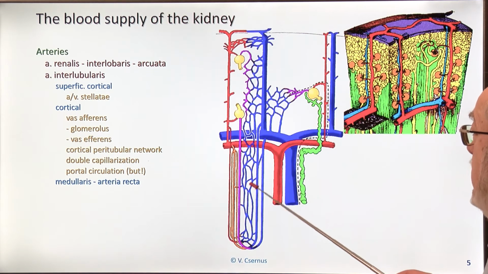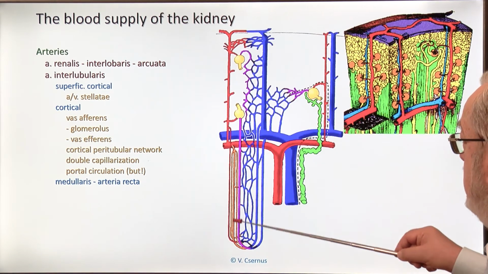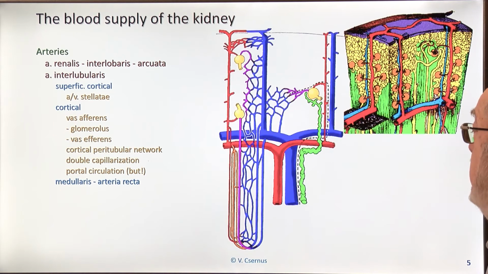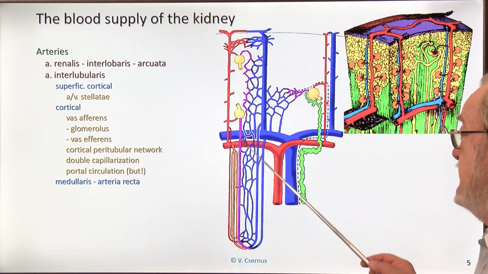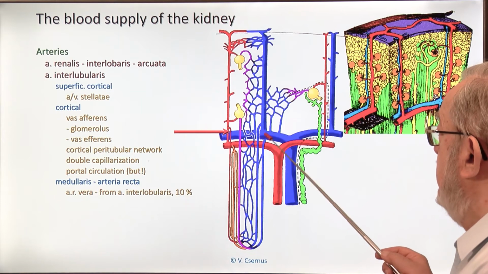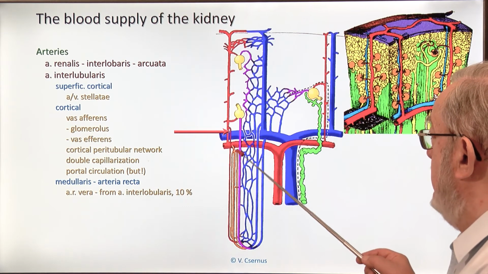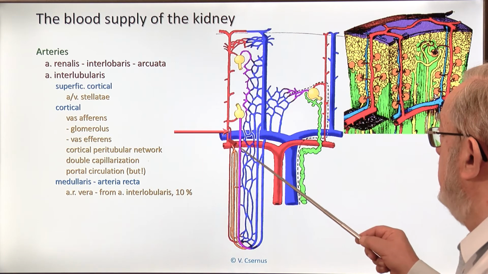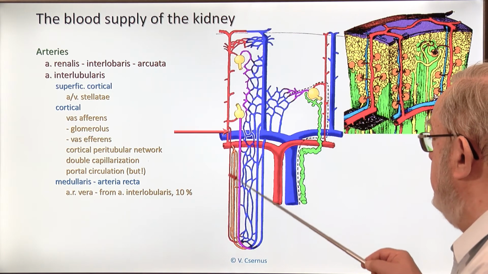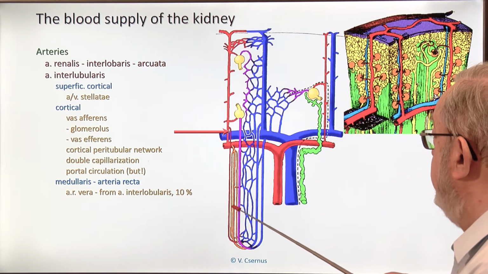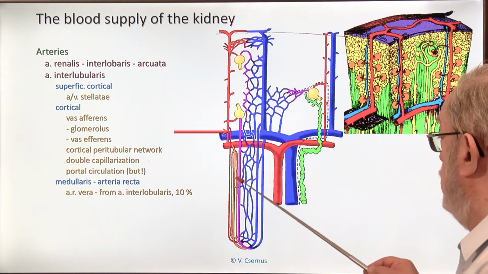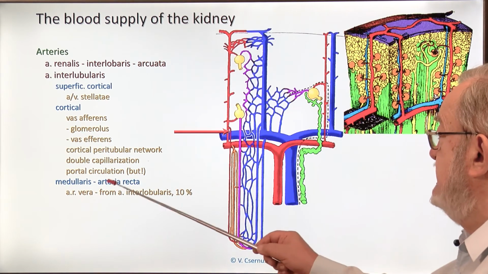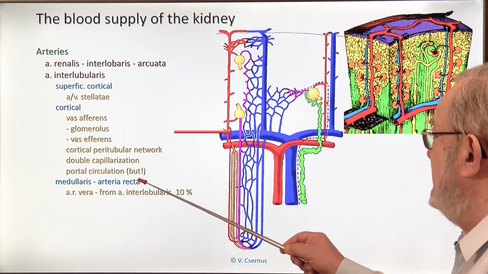In the medullary part, we have straight long arteries going down to the medulla. These are the arteries in the area of the juxtamedullary nephrons, and this differs. Some of them go down directly from the interlobular artery, sometimes from the arcuate artery, and supply the tubes in the medulla. This forms about 10% of these arteries, and this is named the arteria recta, straight arteries.